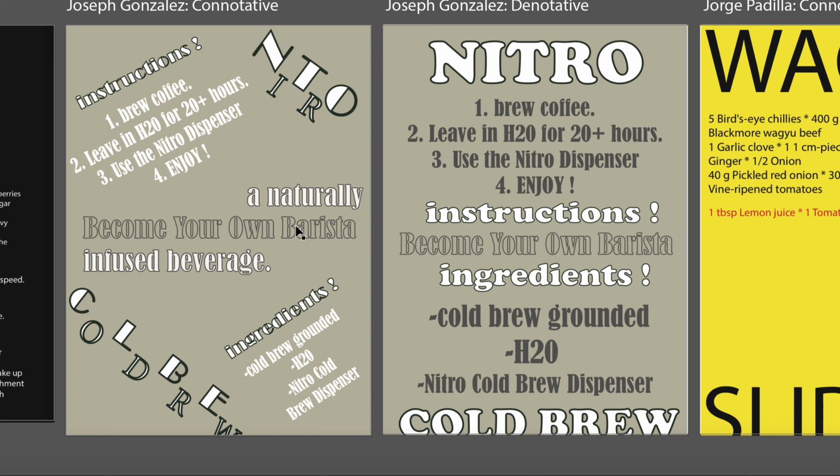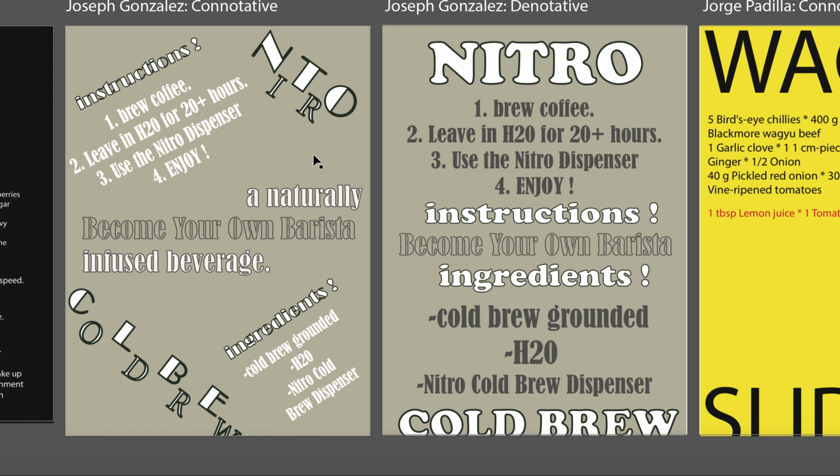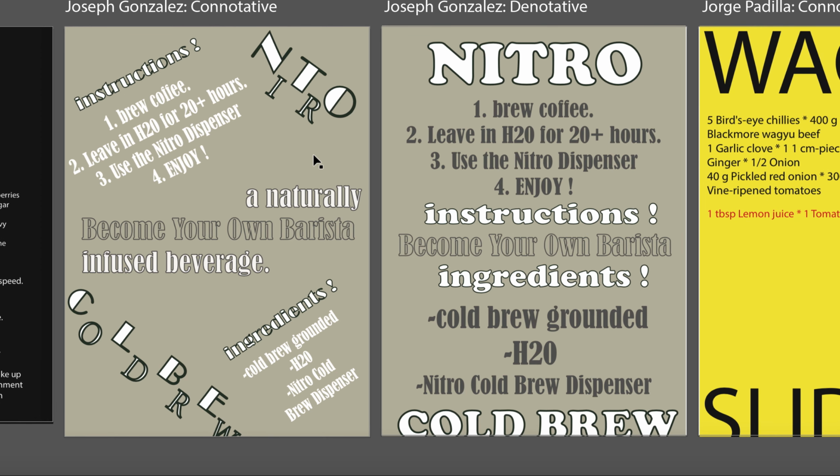Try to see if you can play around with the opposites of what you have in one of your layouts. So if this stays this light beige color, this can go into a darker version for your connotative, all right? So here it looks like you have your instructions and then your ingredients.